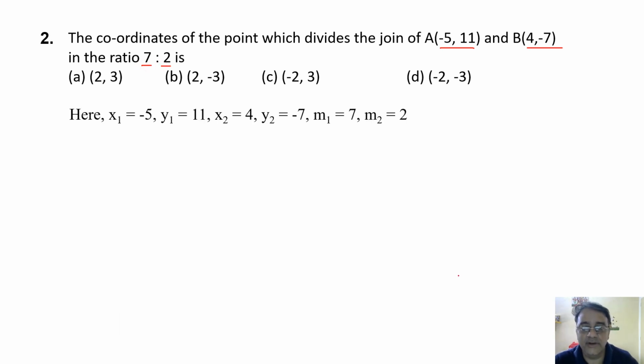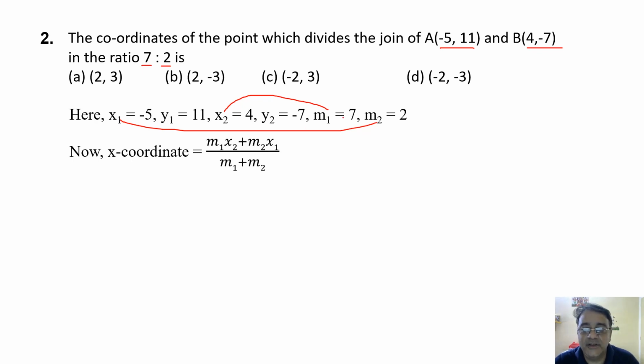Okay, so now we'll write the formula for the x coordinate. What is the formula of x coordinate? m1 x2 plus m2 x1 upon m1 plus m2. Okay, very good.